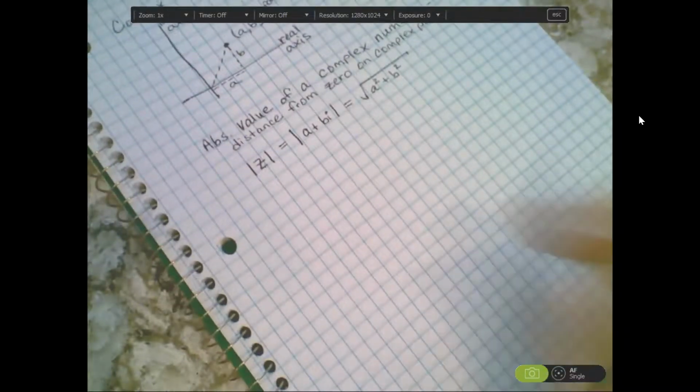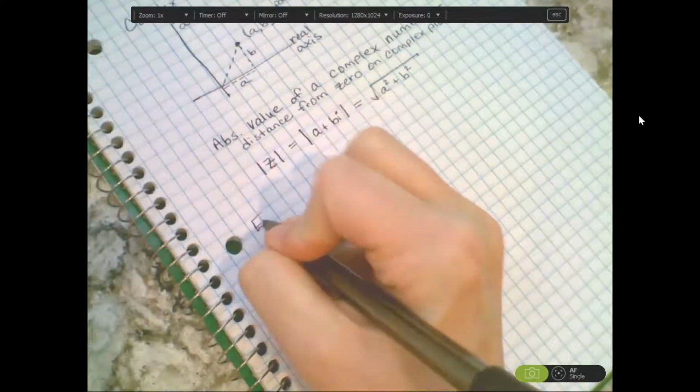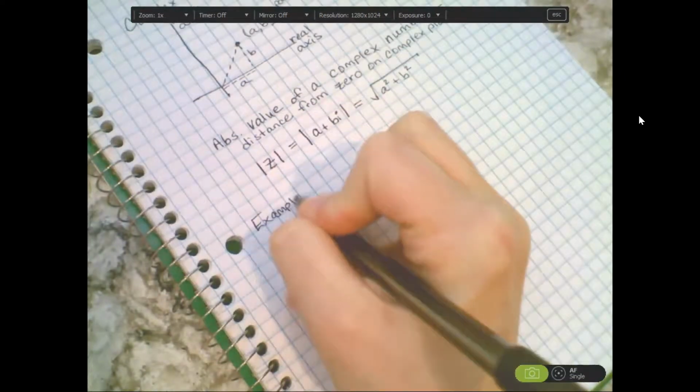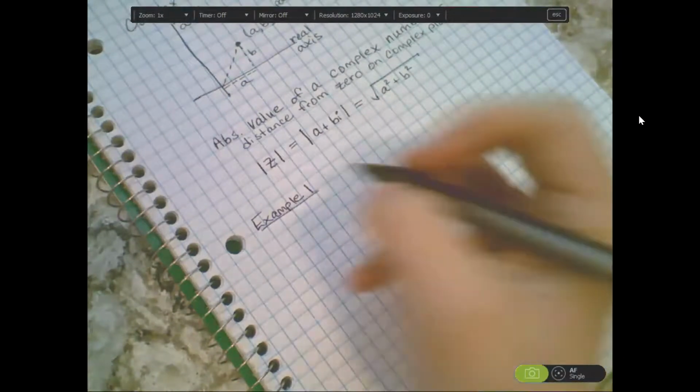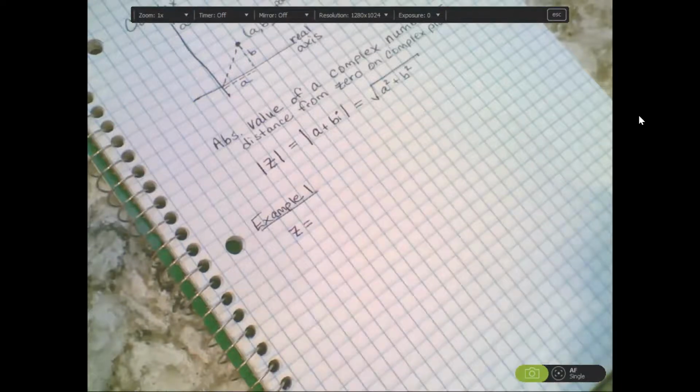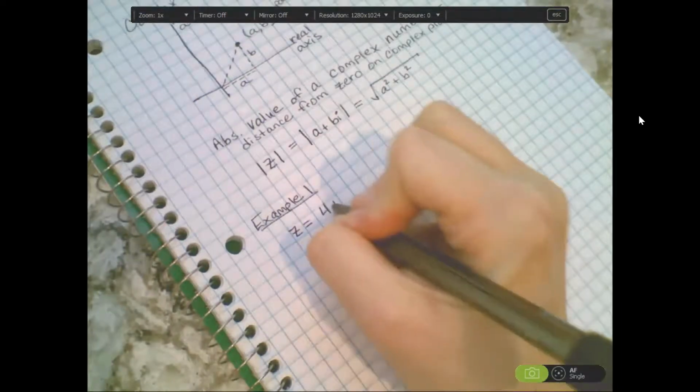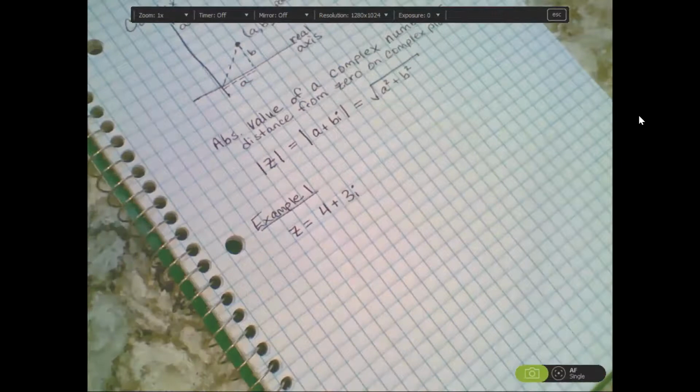Slide this up. All right, example 1. Let's say we have Z equals 4 plus 3i. That's our complex number. We want to graph it and we want to find its absolute value.